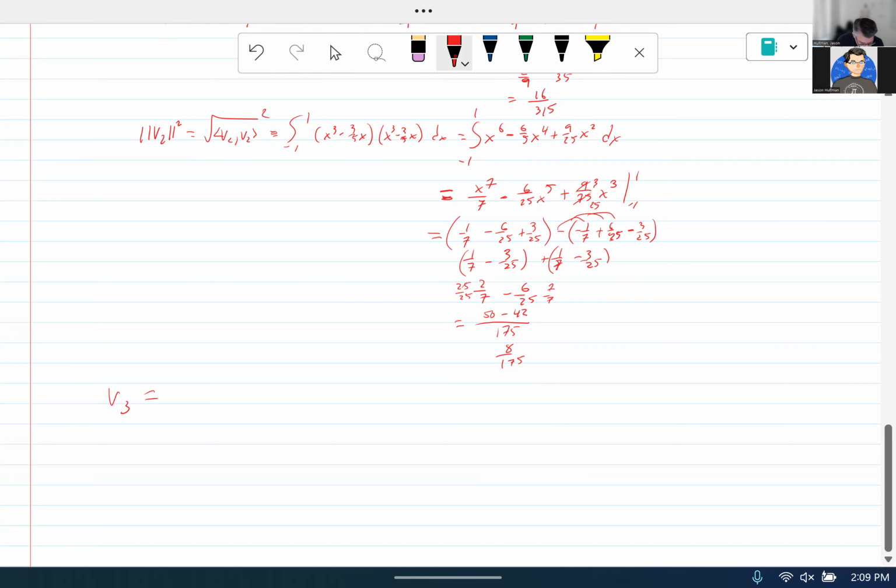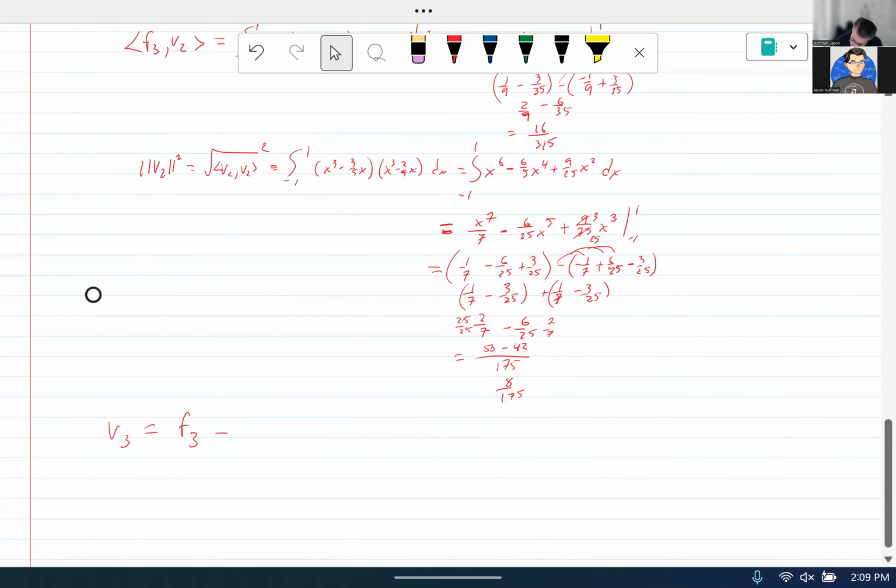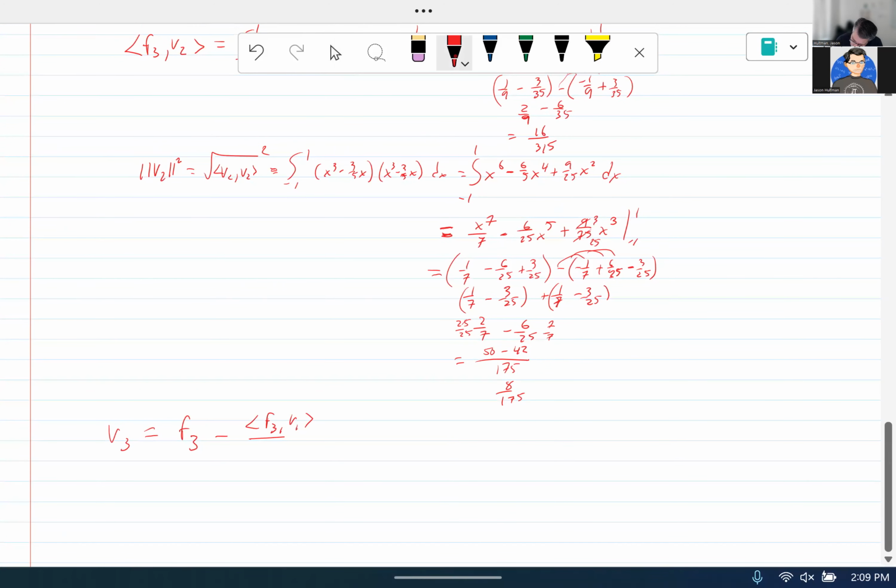V3 is equal to F3 dot V1 over the norm of V1 squared times V1 minus F3 dot V2 over the norm of V2 squared times V2.